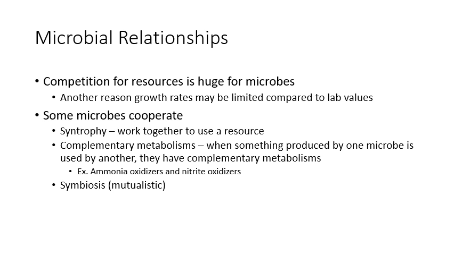Then you also have microbes that have complementary metabolisms. In that case, you have one microbe that is producing a metabolite, and then another microbe is using that metabolite as a source of energy for their own metabolism. A good example would be the nitrifying bacteria, or archaea, which are divided into ammonia oxidizers and nitrite oxidizers.